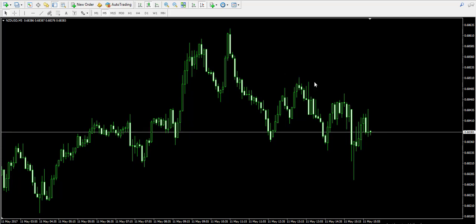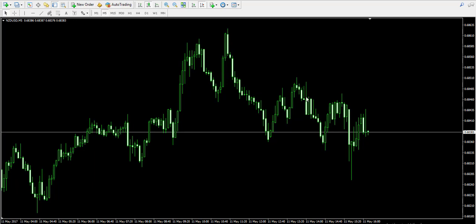So currently I'm looking at the 5-minute chart of the New Zealand dollar American dollar forex pair, also known as the Kiwi. I decided to approach this chart for my trade because I see something like a pattern over here.